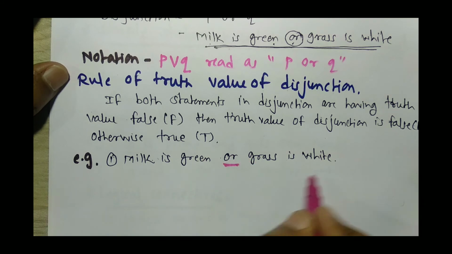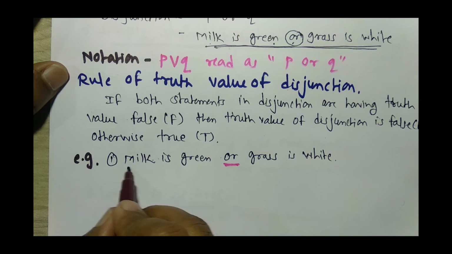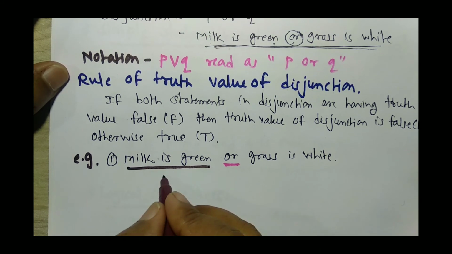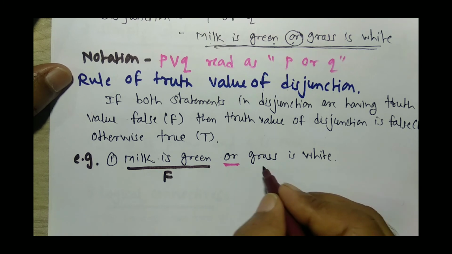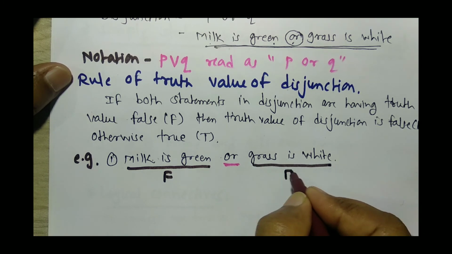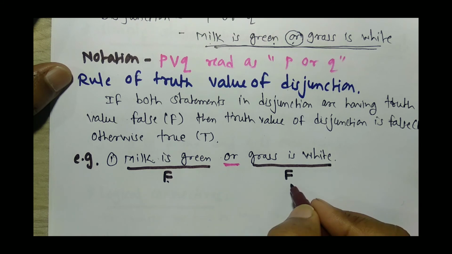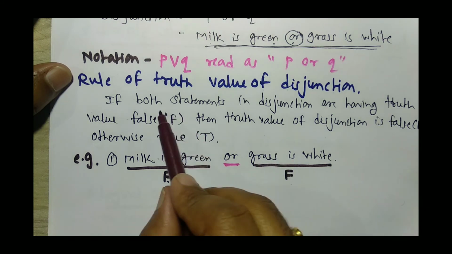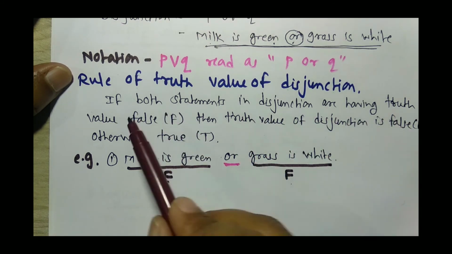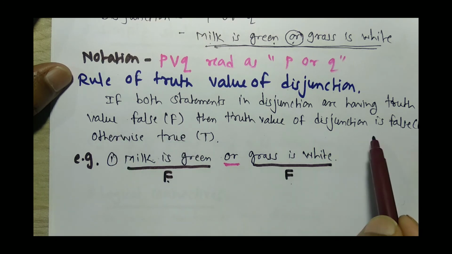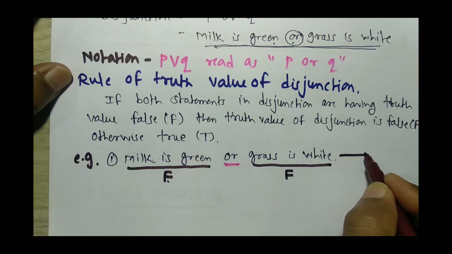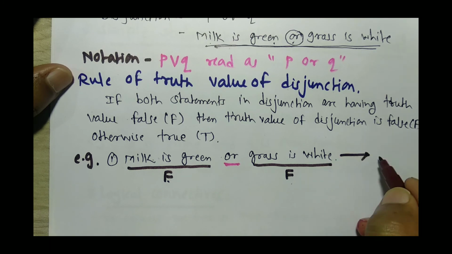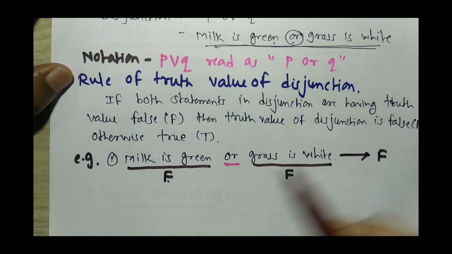That means this compound statement is called a disjunction, and inside this the first statement, milk is green, is a false statement, and grass is white, another statement, is also a false statement. That means both statements are false. Both statements in the disjunction have truth value false, then the disjunction is false. That means the truth value of this complete compound statement is false.